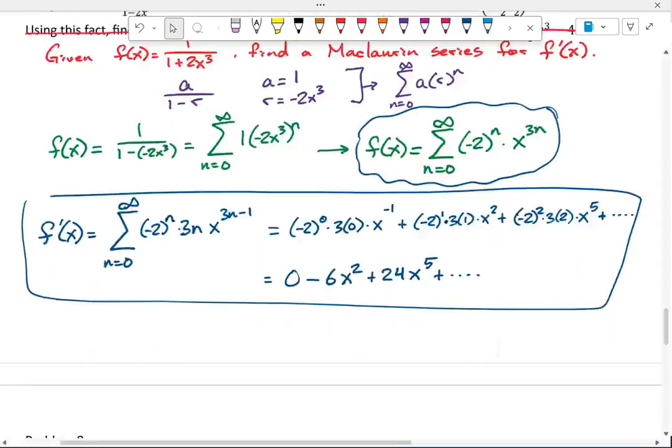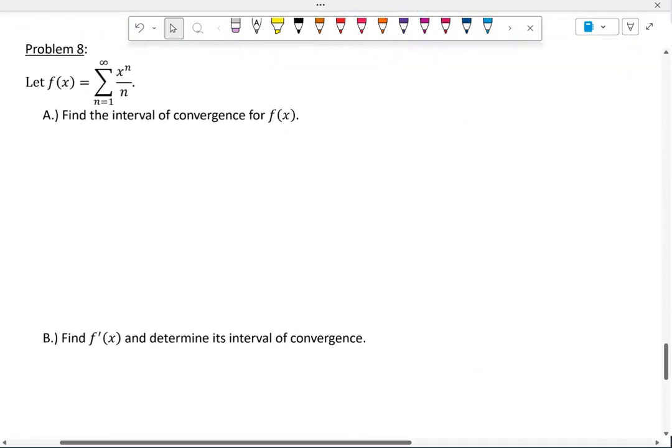All right, let's go ahead and turn the page, our last page. So this problem is a culmination of a lot of the different things that we've seen for the last little bit. We're given a series for f of x. In part A, we want to find our interval of convergence for f. So that means we need to do our ratio test to find the radius of convergence and our center.